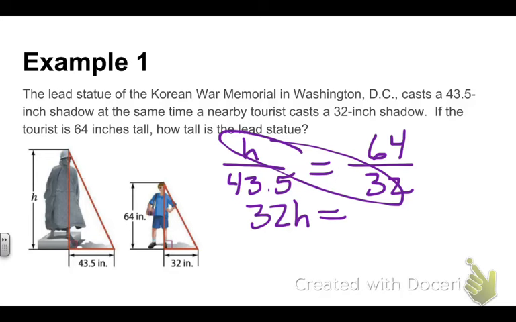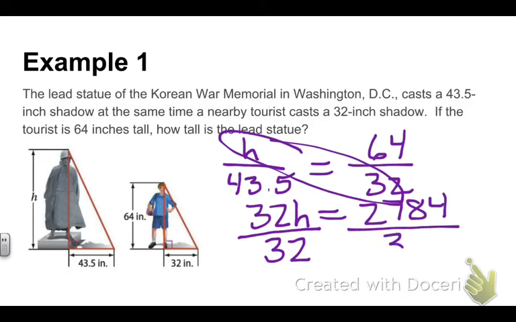Let's see if I can get a calculator up here. Hang on a second. I was hoping I could get a calculator to pop up on the screen, but apparently I cannot. So you're just going to have to do it yourself, or trust me that 64 times 43.5 is 2,784. So 32 times H, I want to solve for H, so H is being multiplied by 32, so the opposite is dividing by 32.